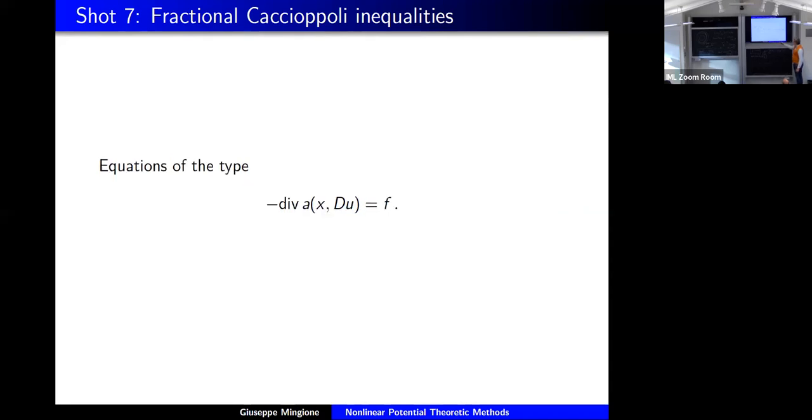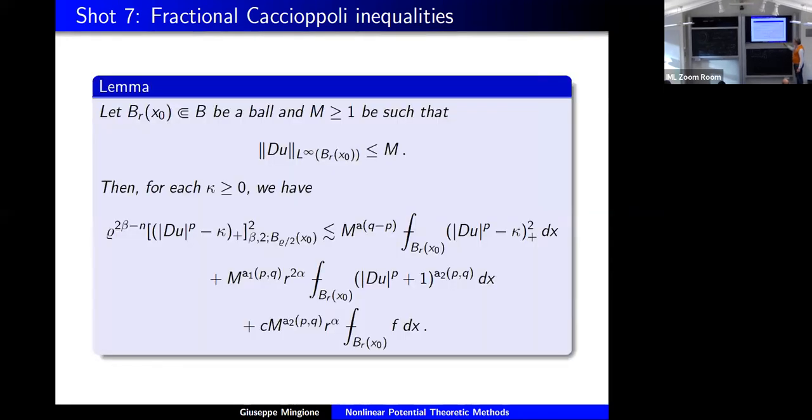And you get a Caccioppoli inequality of this type, where now there will be certain exponents. I cannot enter into this, it is the paper with Christian, it takes 50 pages, but the idea is that you get, instead of derivatives of u to the p, fractional derivatives.